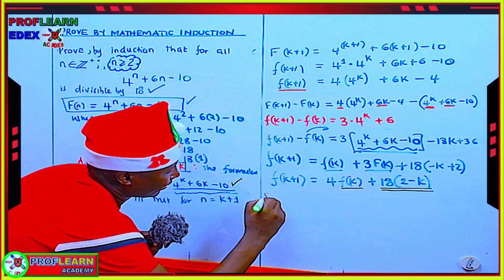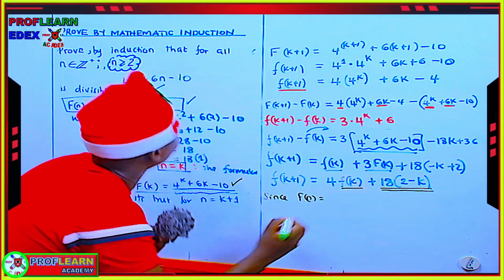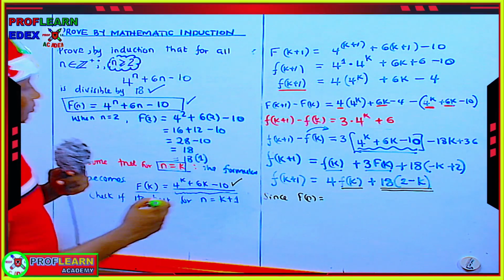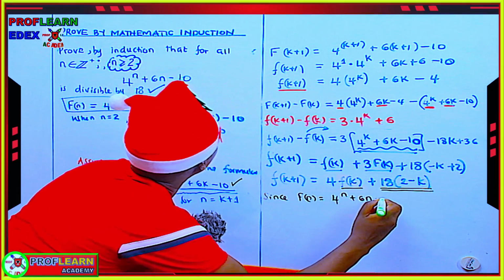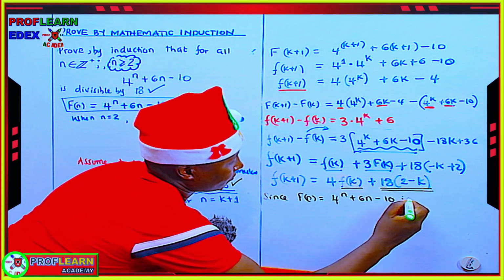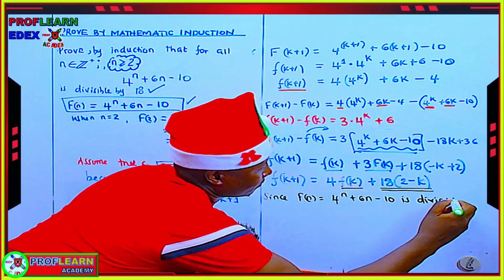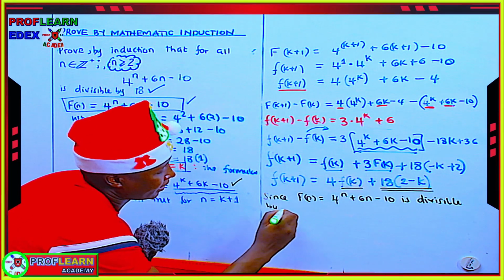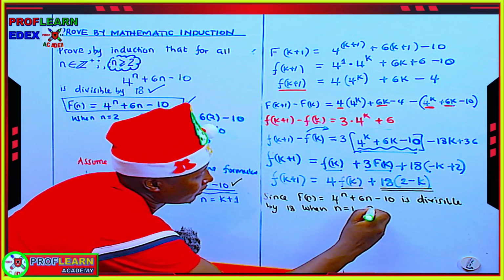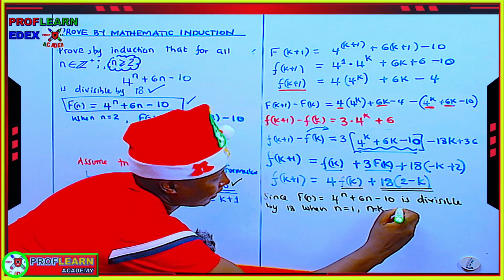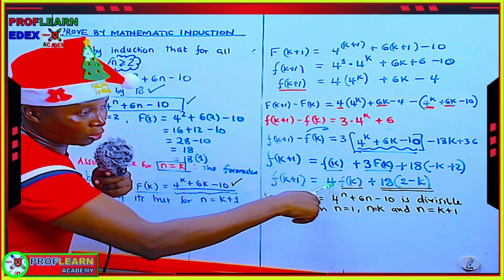Now we're going to say, since f of n is equal to 4 raised to power n plus 6n minus 10 is divisible by 18 when n equals 1, n equals k, and n equals k plus 1, as shown here.